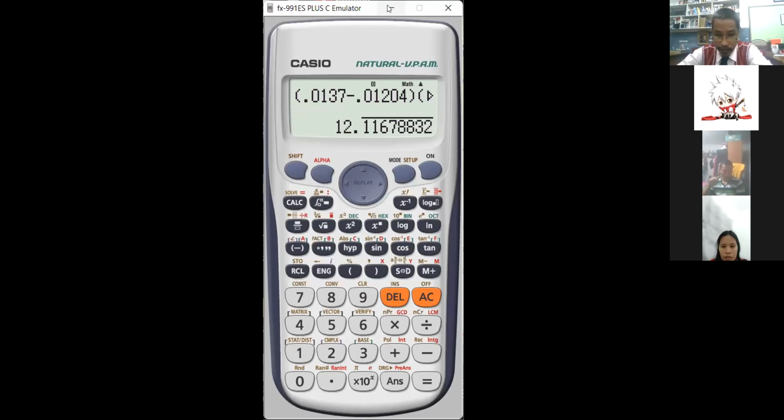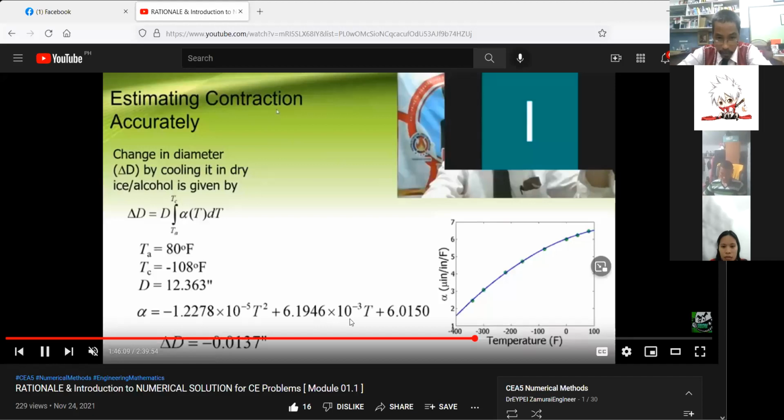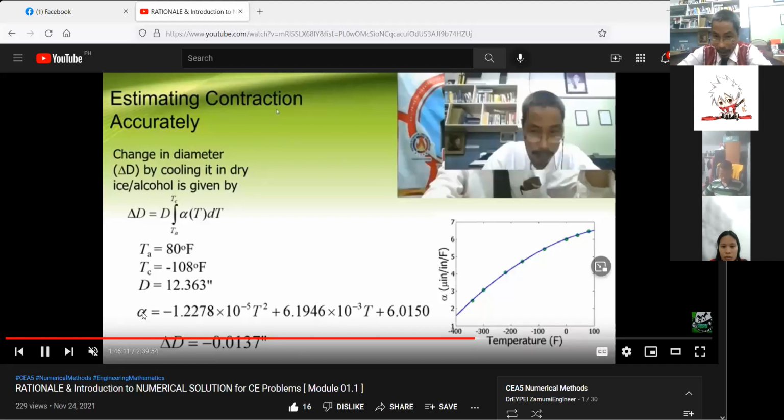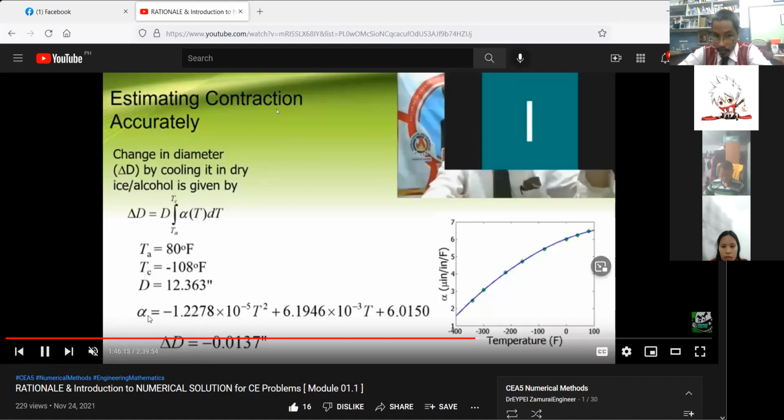Thermal coefficient. So, for example, let us use this equation. Okay, I will show you. Let us use this equation to be able to determine the actual value of the thermal coefficient.